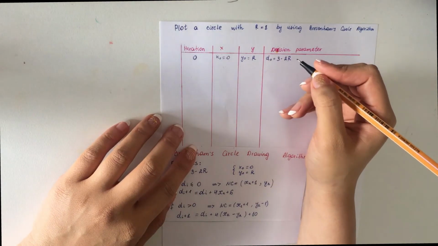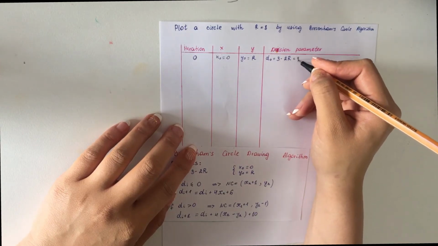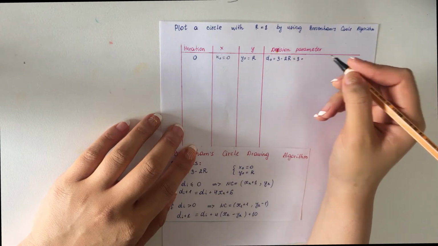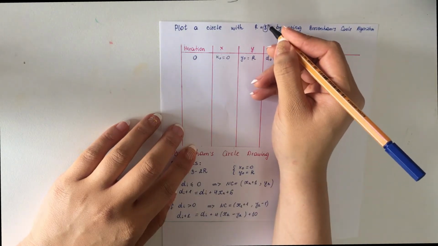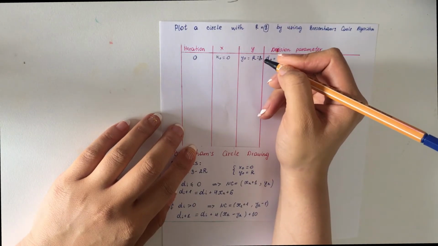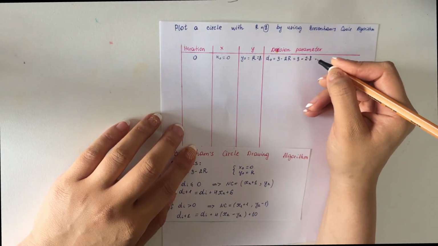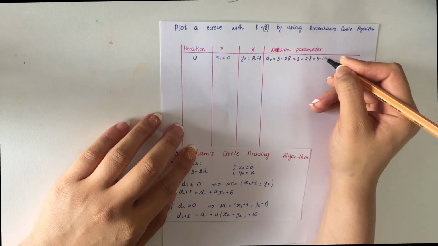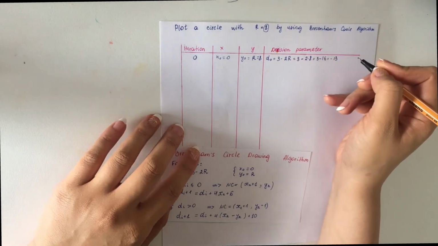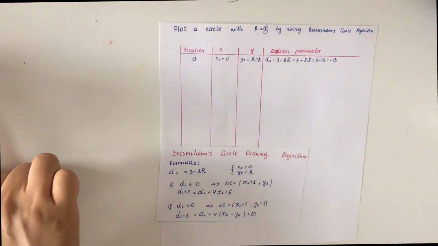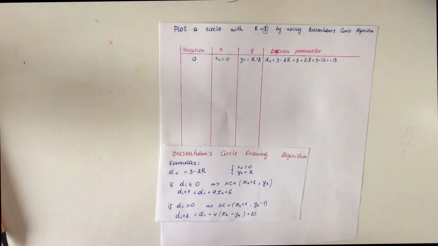R equals 8, as you see in our example, which is also the initial point of the y coordinate. So the initial decision parameter equals 3 minus 16, and it equals minus 13. The result is minus 13, which is less than 0.